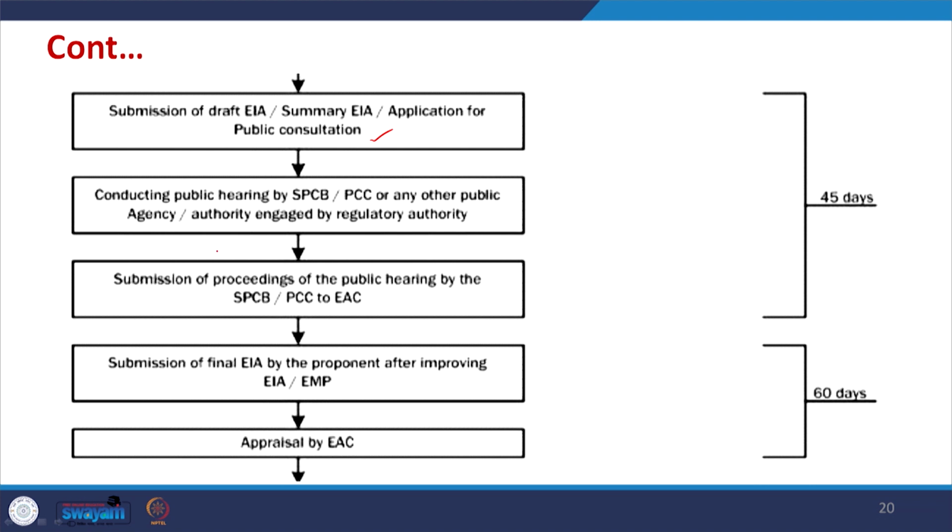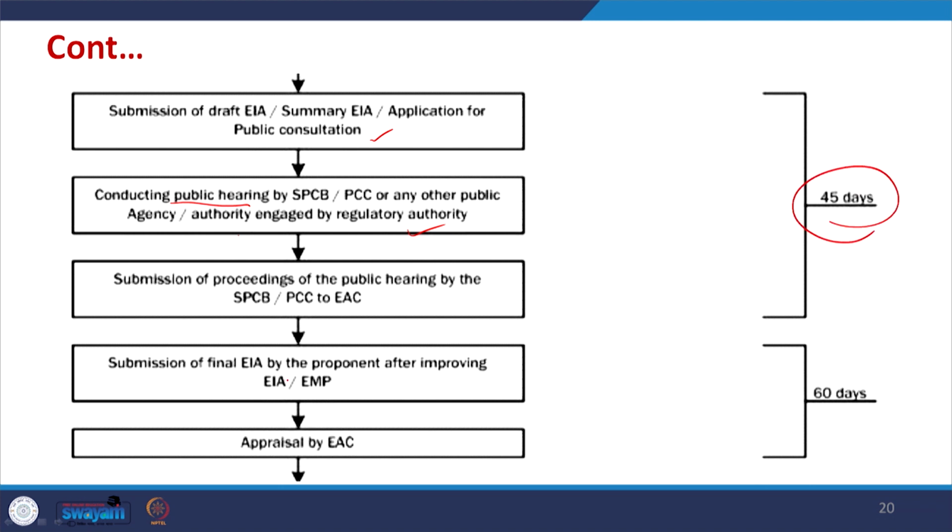Further, the public hearing is conducted by the State Pollution Control Board or any other public agency authorized by the regulatory authority. So, this public hearing will be carried out and ultimately the proceedings of the public hearing are submitted. All this process again will take 45 days.